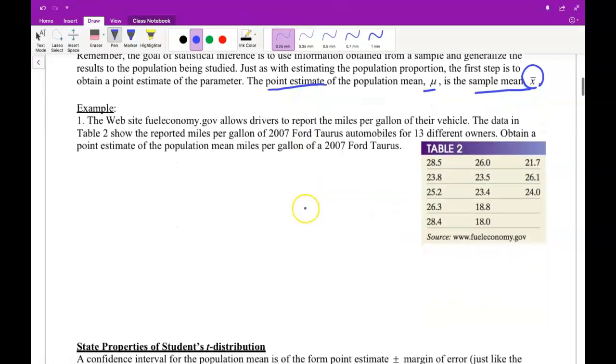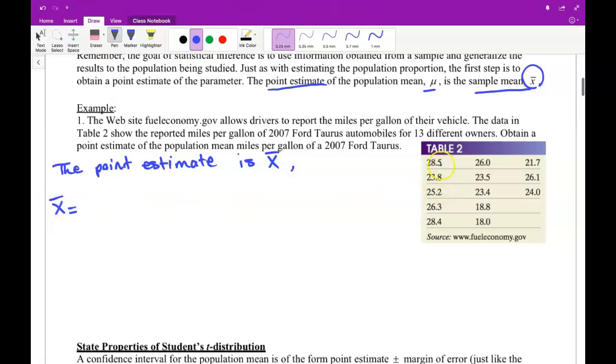In this example I want to find the sample mean, or point estimate. So a point estimate is X bar, and how can we find that?